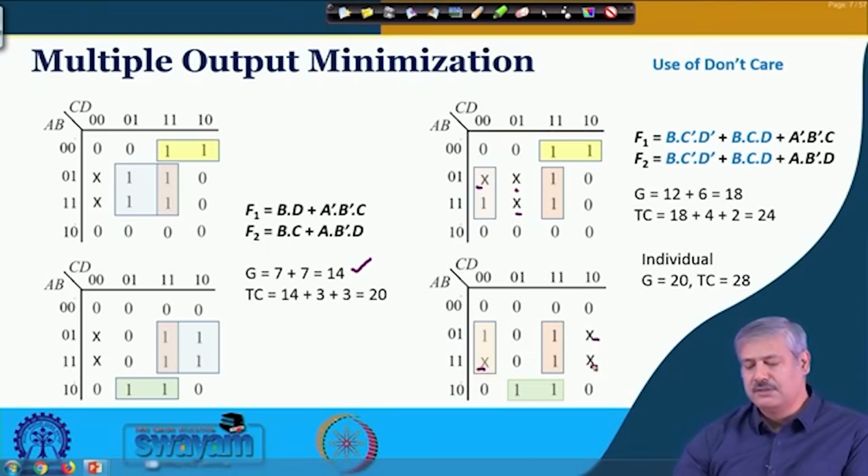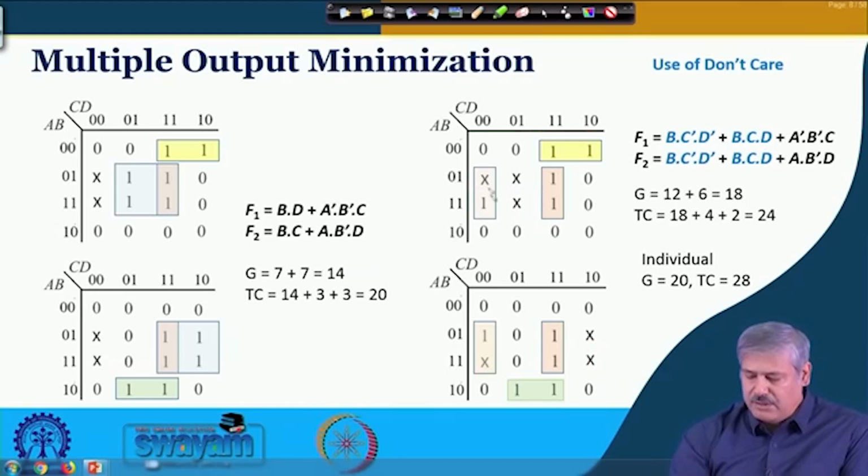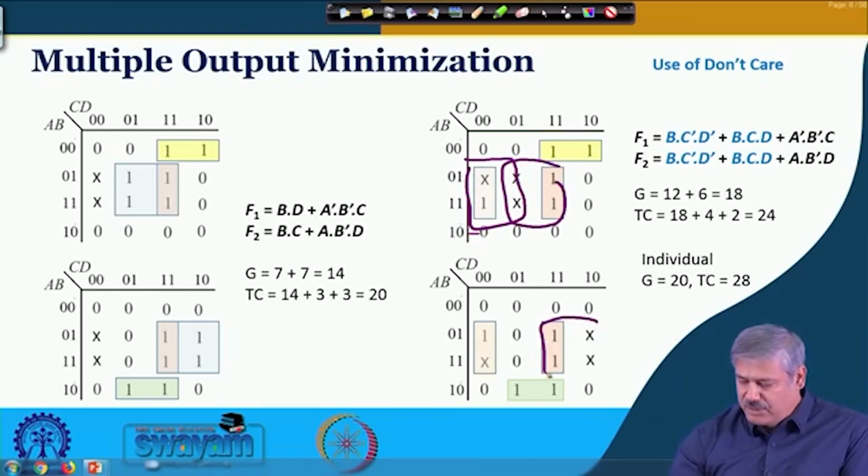Again, there is a possibility in the minimized expression of having a group of this, similarly a group of this and a group of this.